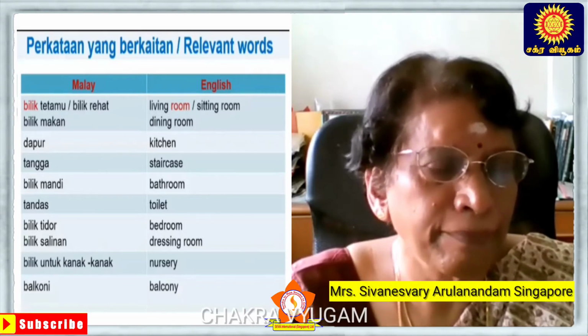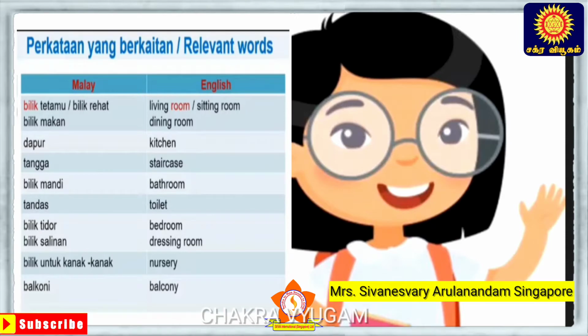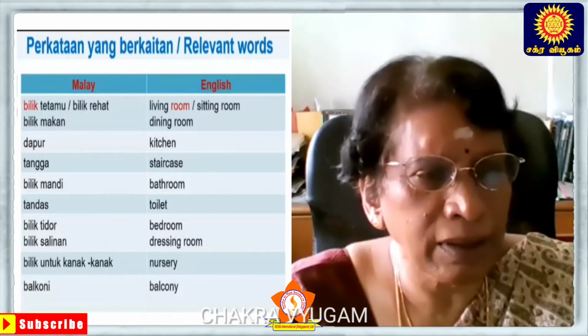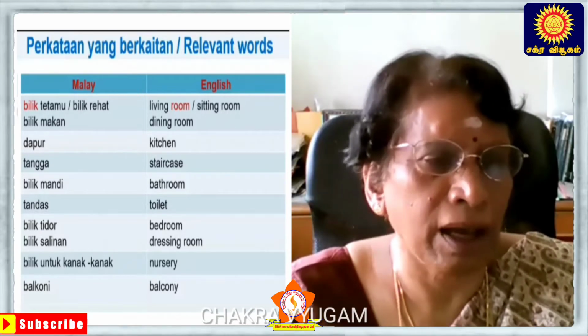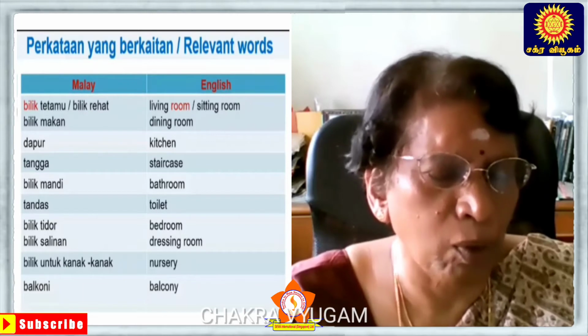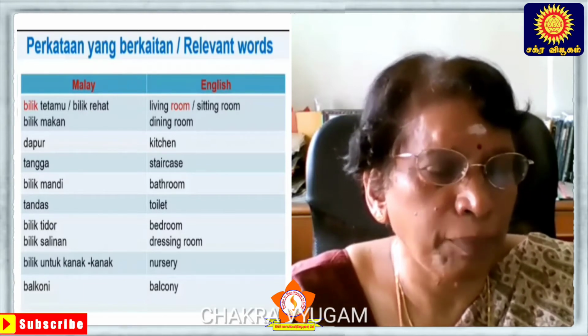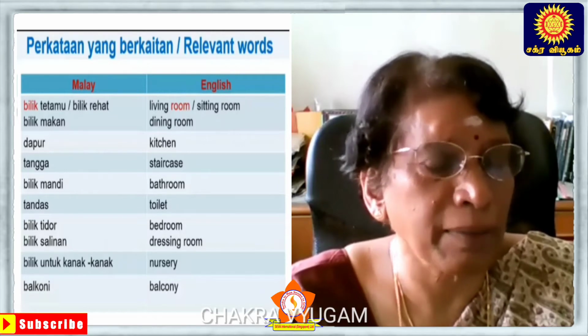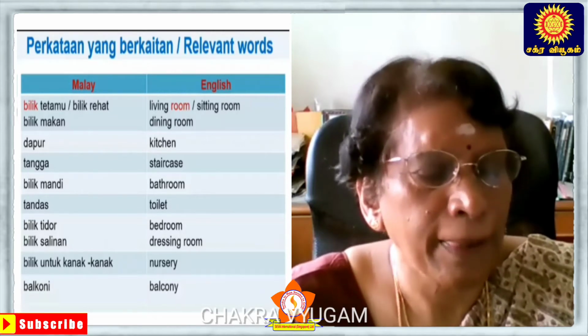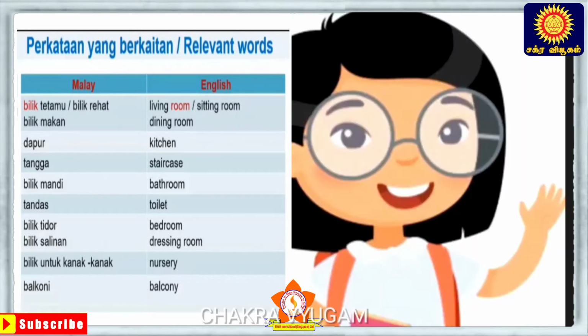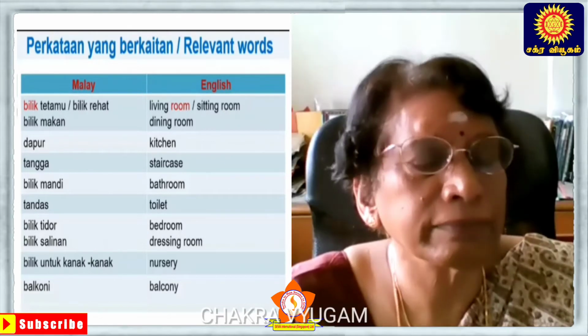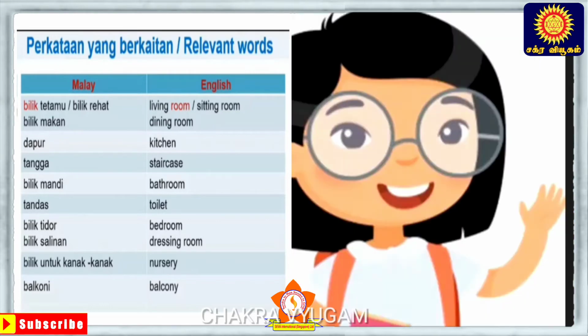Next. Dapur. Dapur is kitchen. Now you will find out that dapur is also the cooker or the oven, and well, the normal old-fashioned cooker is called dapur as well. So maybe that's why the same name for kitchen. Tangga. If your house has a staircase, it's tangga. Bilik mandi.